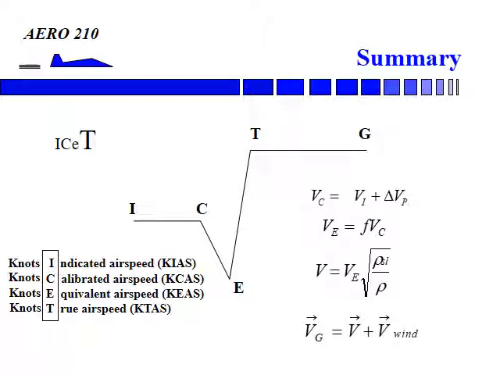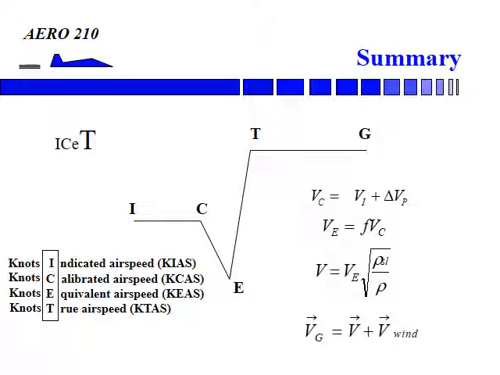Also notice on this slide that the abbreviations, actually acronyms, KIAS, KCAS, KEAS, and KTAS are shown and defined on this slide. These are commonly used in aviation. KIAS is knots indicated airspeed, KCAS knots calibrated airspeed, KEAS knots equivalent airspeed, and KTAS knots true airspeed.